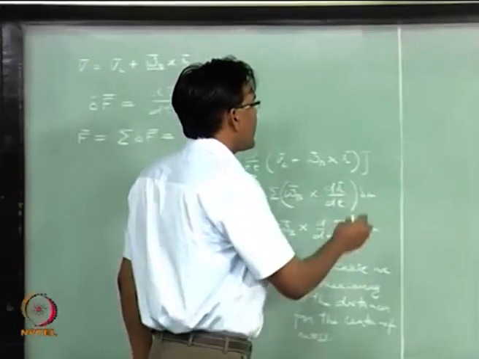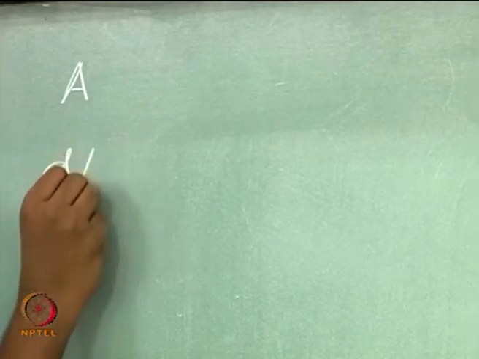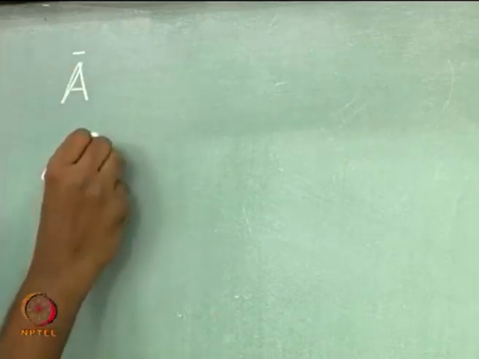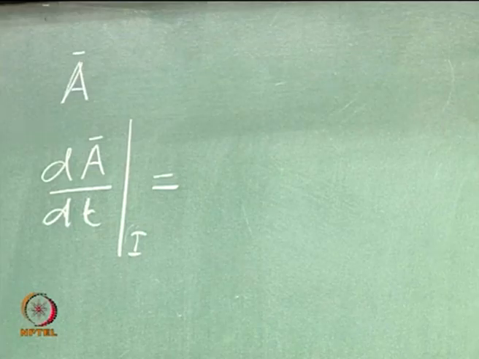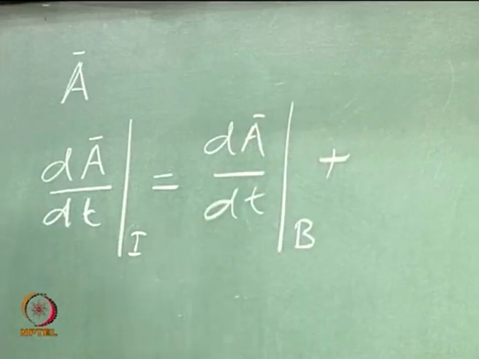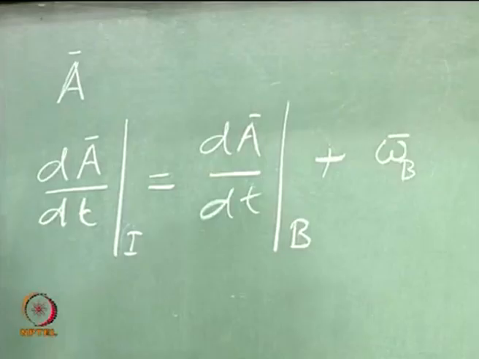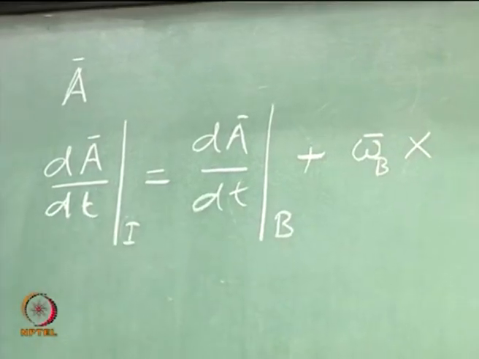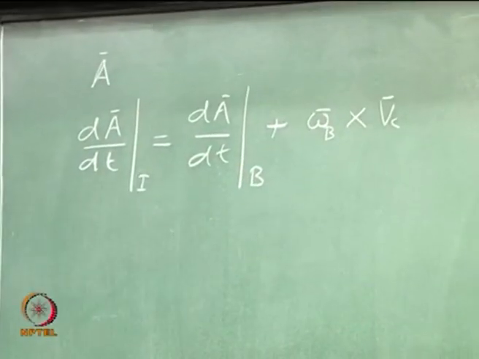You know that if you have any vector A, rate of change of that vector as seen from the inertial frame is going to be equal to rate of change of that vector as seen in the body, plus omega cross A, all right.